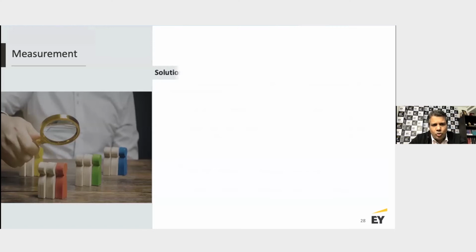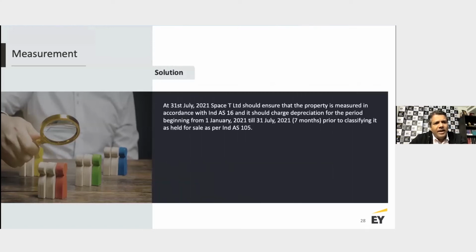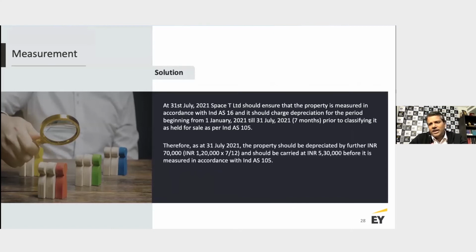At 31st July, Space T Limited should ensure that the property is measured in accordance with other Ind AS, which is Ind AS 16, and it should charge depreciation for the period from 1st January 2021 till 31st July 2021, prior to classifying it as held for sale as per Ind AS 105.